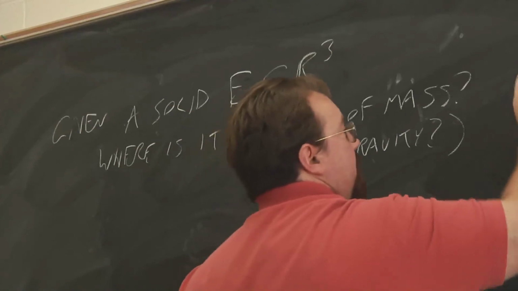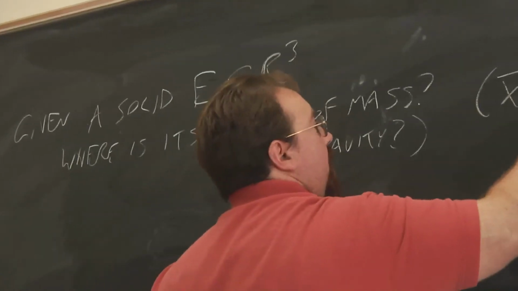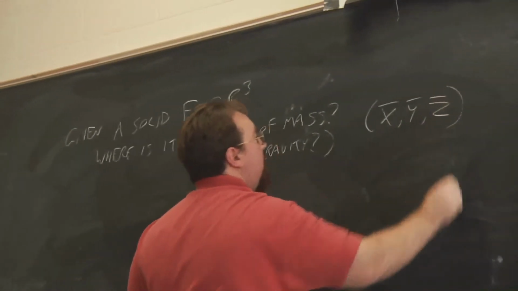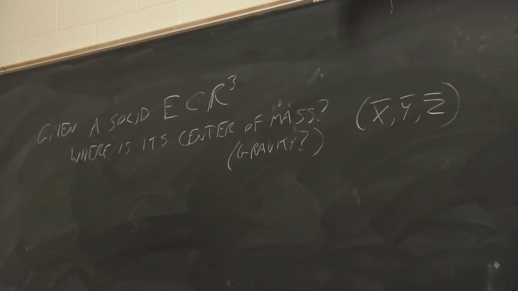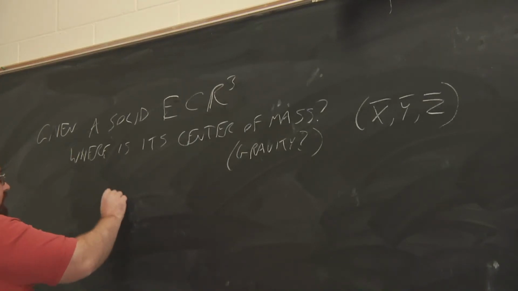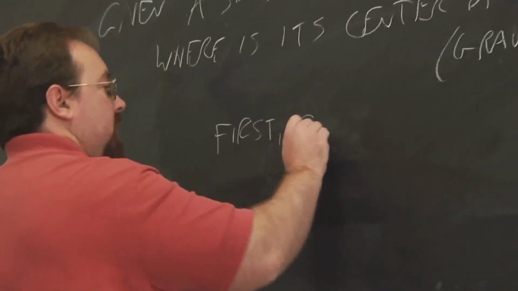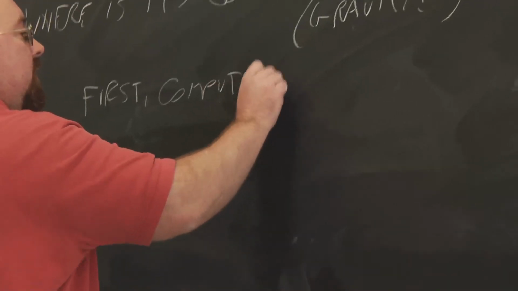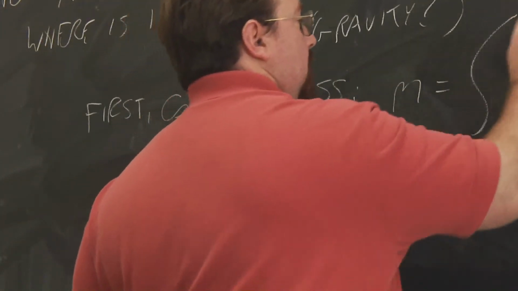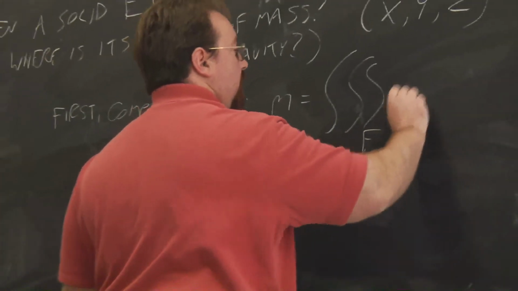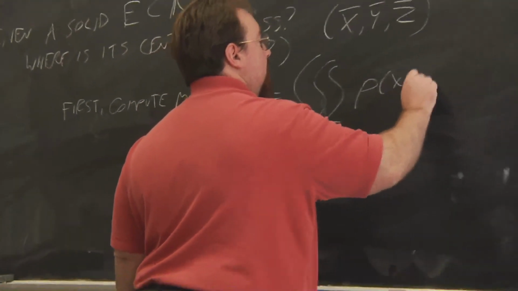We'll call that point x bar, y bar, z bar. The way you can figure that out is using triple integrals. First, you compute the mass, m, which is just a triple integral of the density.